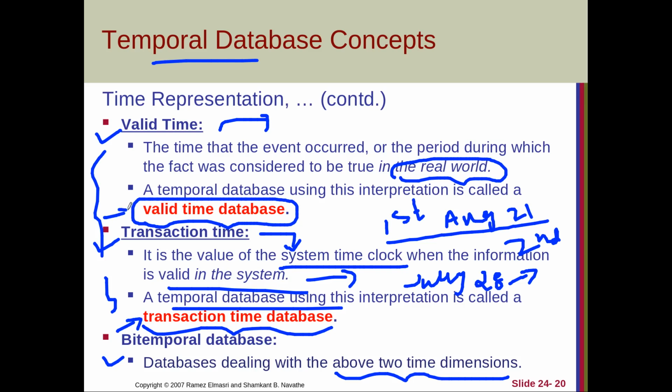So those temporal databases that use both valid time concept as well as transaction time concept are called as bi-temporal databases. So temporal databases are mainly categorized into three. One is valid time databases, second one is transaction time databases, and third one is bi-temporal databases.